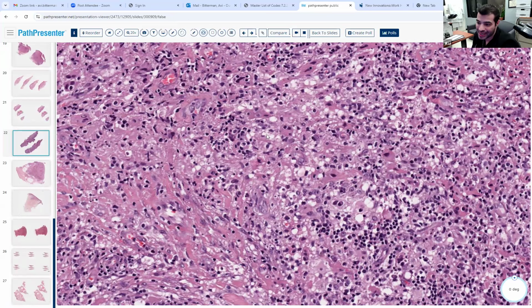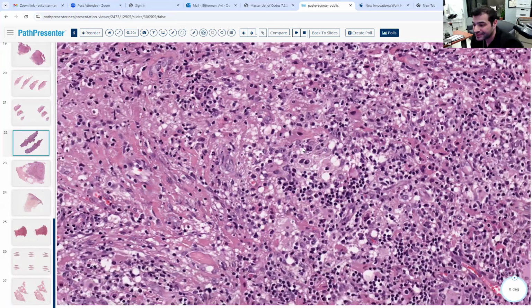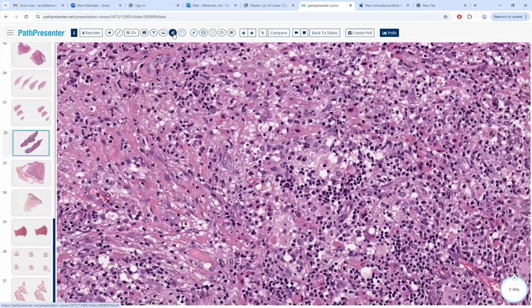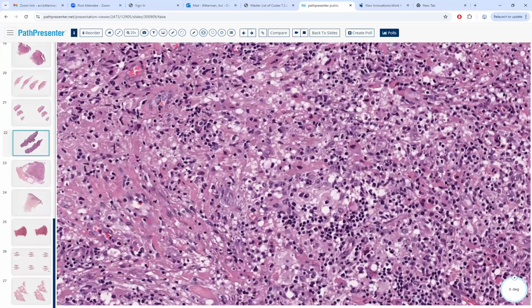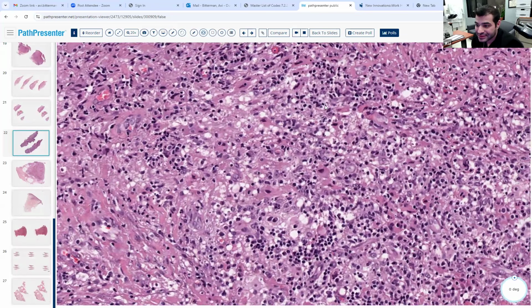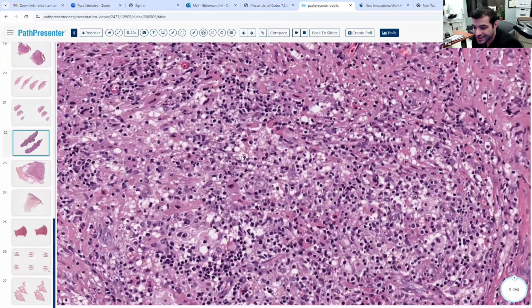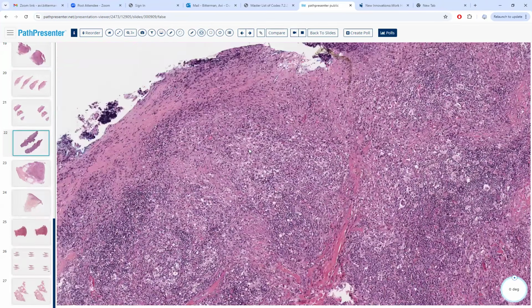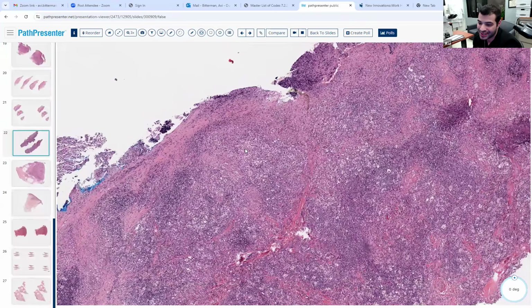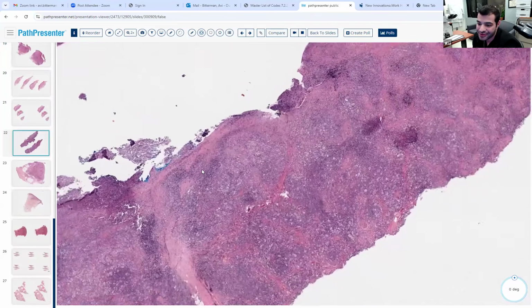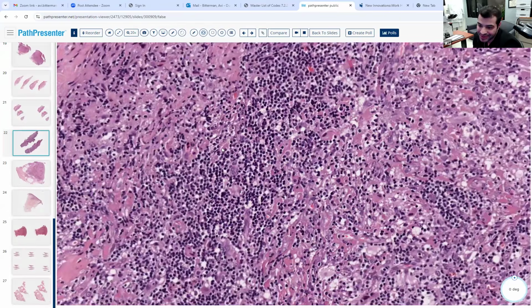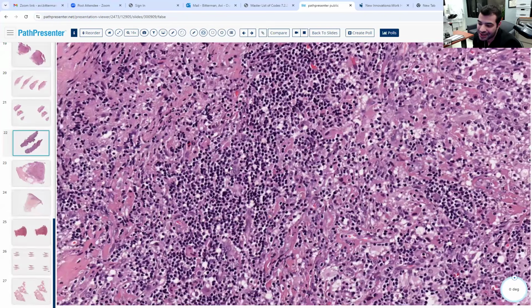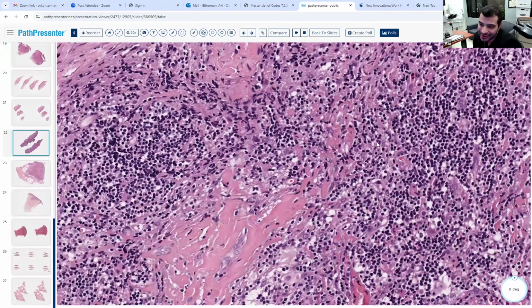They clump, and you may not be able to tell where one histiocyte ends and the other begins. They can have vacuoles, and in this case there's vacuolation for sure. But those aren't more cells; the clearer areas are because the histiocytes just have a lot more cytoplasm. If you compare that to this, there's a lot of lymphocytes, and that causes a darker area. The collagen is just the red.